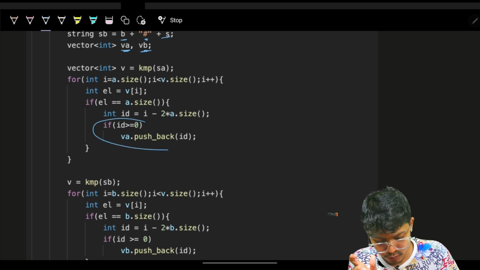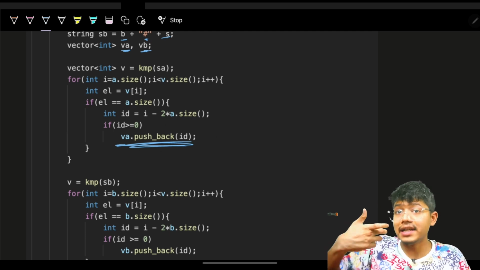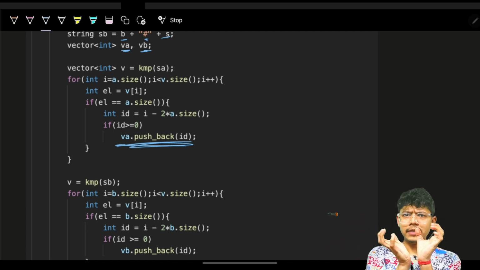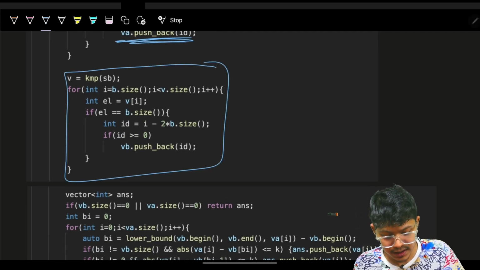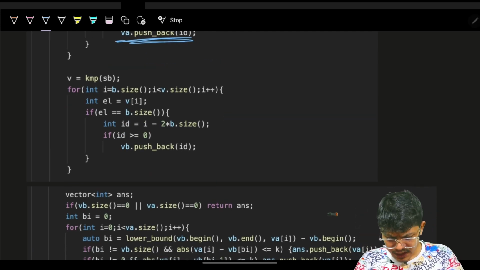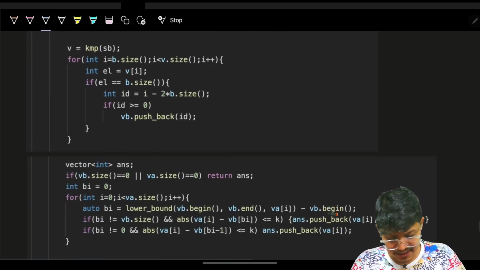If this is for sure more than or equal to 0, then push that in my valid index. So basically the valid index is where the pattern is matching my string, and the same operation I will perform for my vector B. Exact same thing. You can also make a function for this, but yeah, exact same thing here.